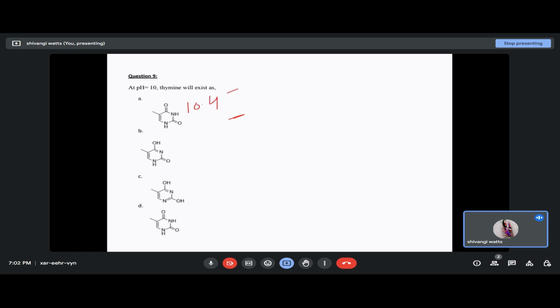And the physiological pH of the body is 7.4, which means 7.4 is acidic as compared to 10.4. So thymine is present in the acidic medium, so it means it is protonated. So both the NH will be protonated. So option A is the right option. So thymine will exist as this protonated form. So option A is the right answer.